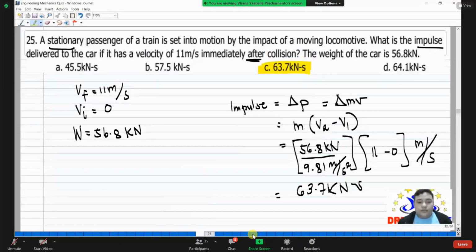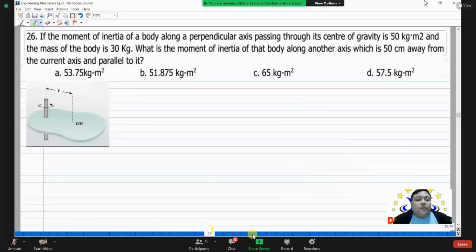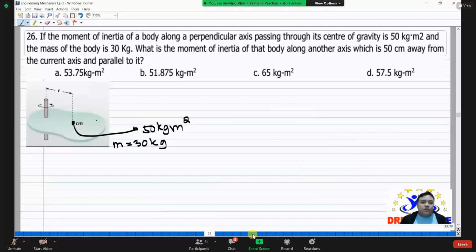Okay. Next, if the moment of inertia of a body along a perpendicular axis passing through its center of gravity, as you can see in the figure, we have an infinitesimal object, any object, and this is the center of gravity, is 50 kilogram meters squared, and the mass of the body is 30 kilograms, what is the moment of inertia?